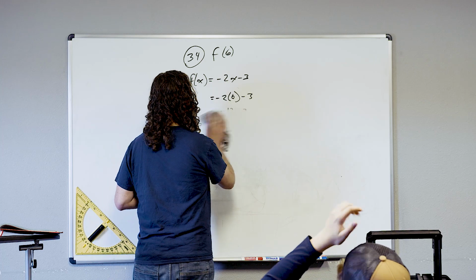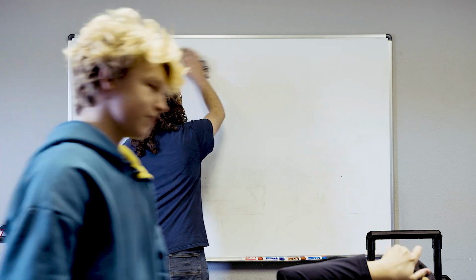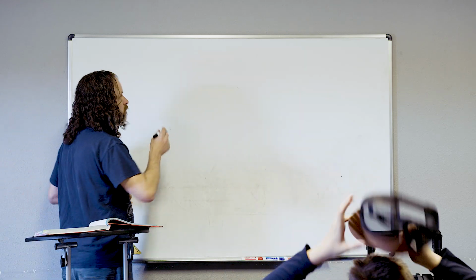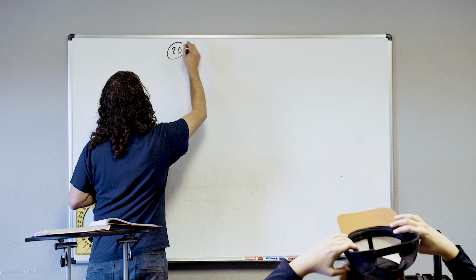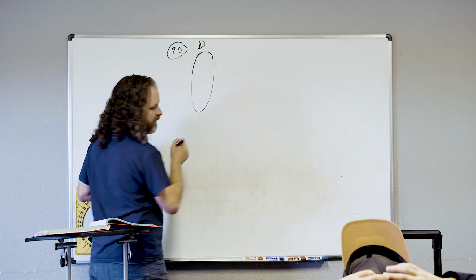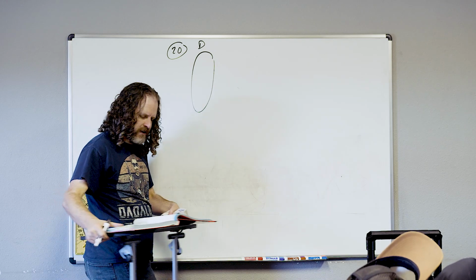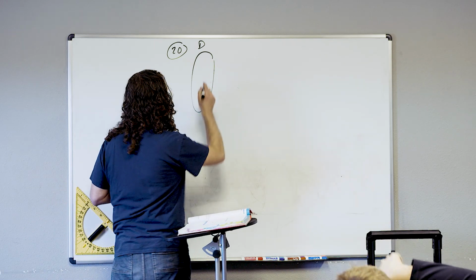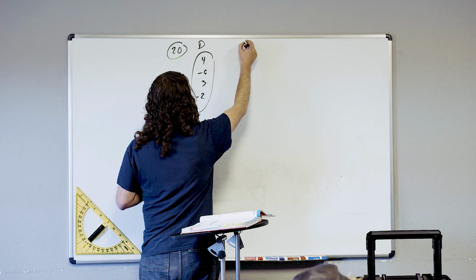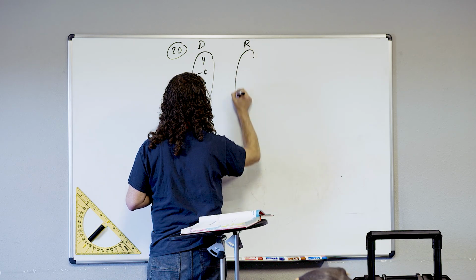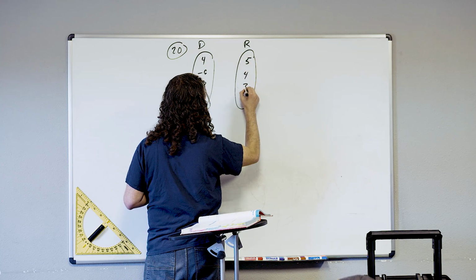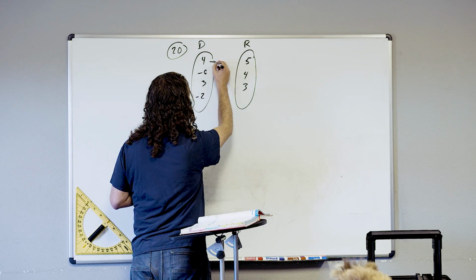It was a mapped diagram with the domain having 4, -6, 3, -2, and the range containing 5, 4, 3, and it was mapped like this.